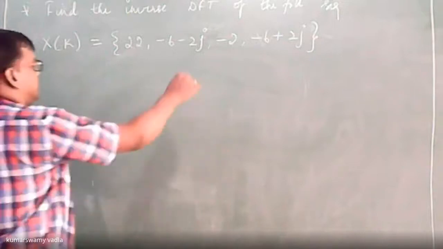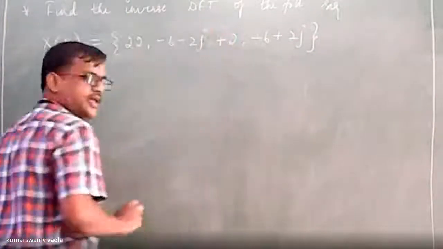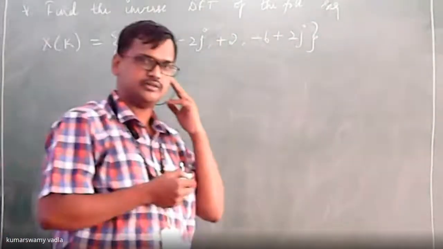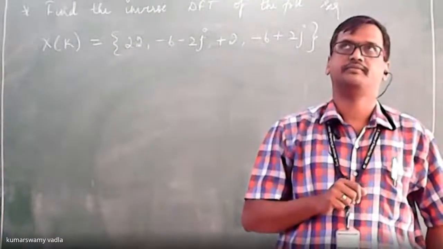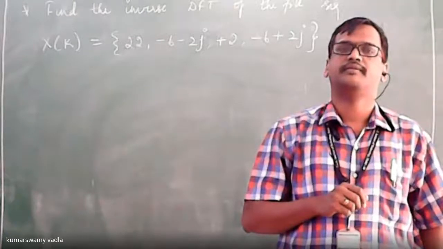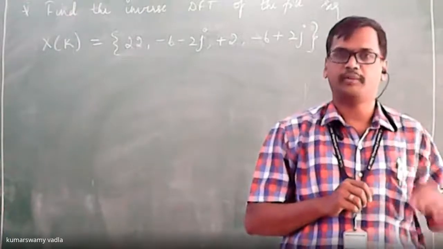This is the X of k they have given. You need to find the value of x of n. Sorry, this is plus 2, please. This is plus 2. Am I audible, students?